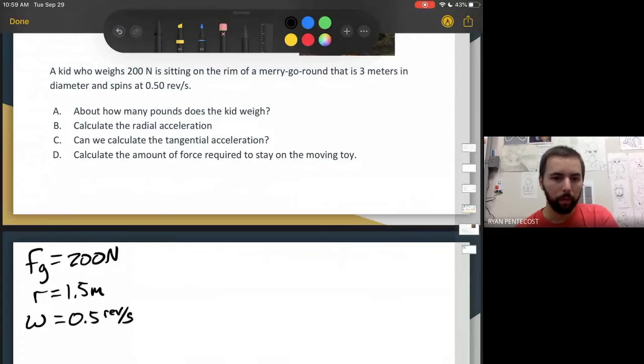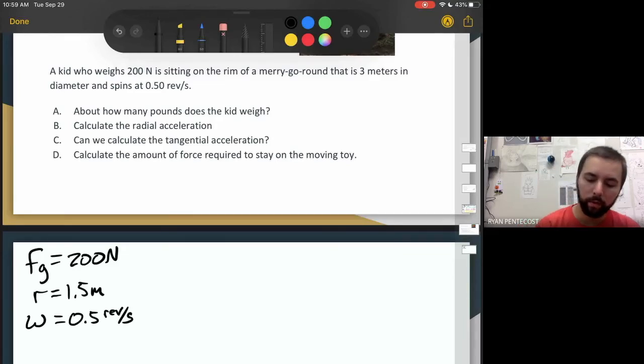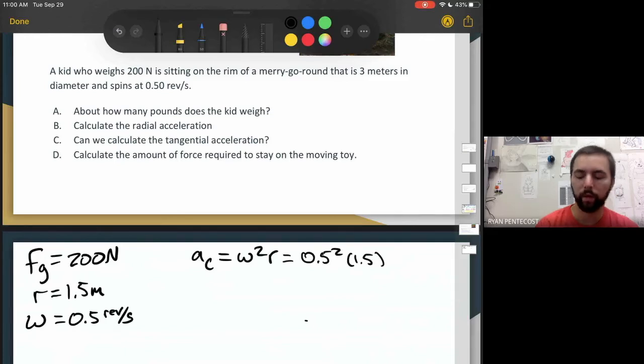Now, we want to find the radial acceleration, which is again centripetal acceleration like we have in our equations. That would be omega squared r. We have omega, we have r, let's plug it in. 0.5 squared times 1.5.